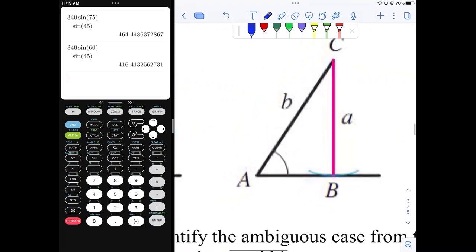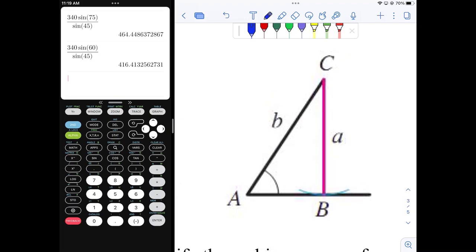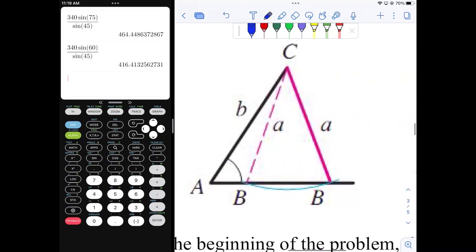It could be that the side opposite the given angle is just long enough to come down here and kiss the bottom when it's hanging straight down vertically, which would be a right angle. So this case would be one solution, the right triangle case. It's just long enough to reach the other side. But it could be this one, the cool case.